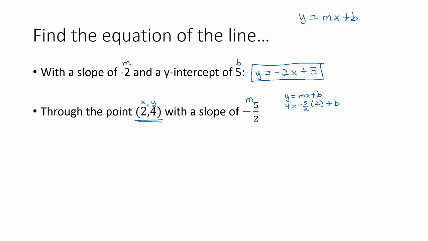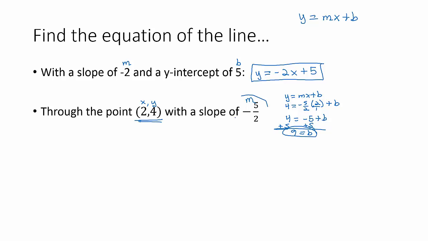Well, if we simplify our fraction, that's -10/2 or -5. Plus b equals 4. And so to find b, we just have to add 5 to both sides, and b equals 9. The y-intercept for this problem is 9.